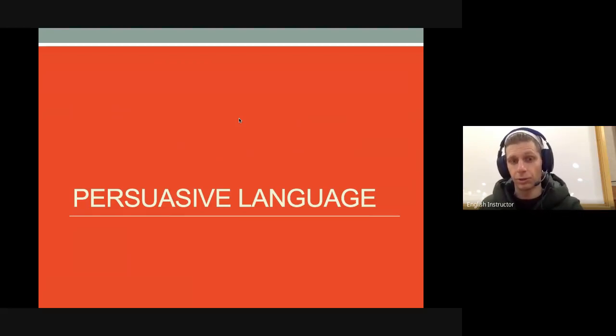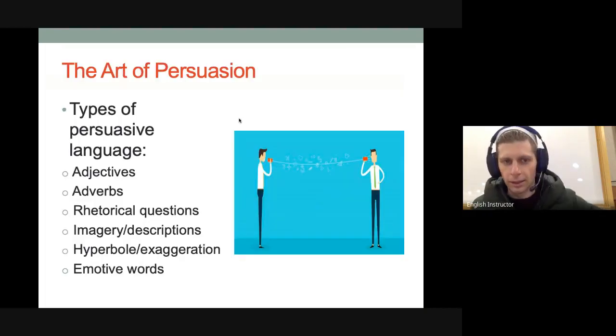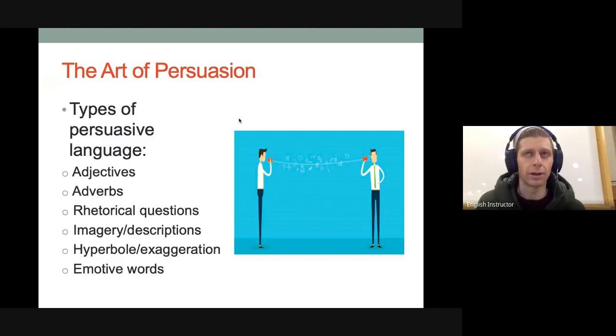You want the reader to agree with that opinion at the very end of your essay. And so I've written several different examples here of persuasive language. But there's different types. There's different ways that you can move into trying to convince the reader of your opinion or of a different way of thinking.